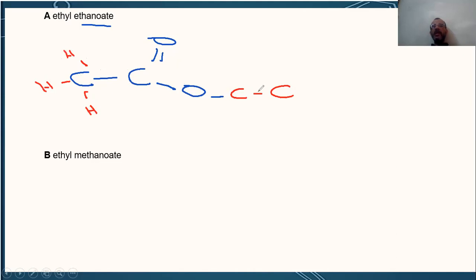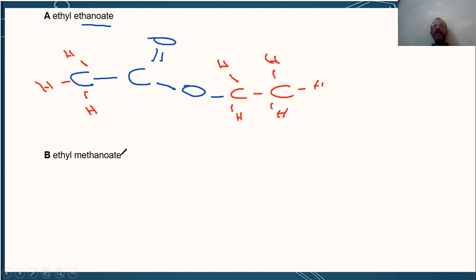This carbon has 1, 2, needs 1 and 2, and this carbon atom has 1, 2, 3, 4. So each carbon atom has now 4 bonds. This is the structure of ethyl ethanoate.